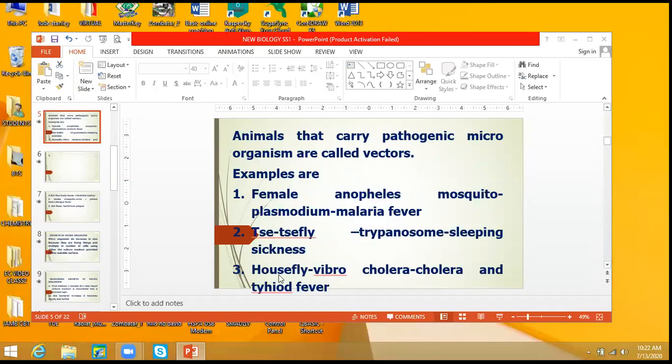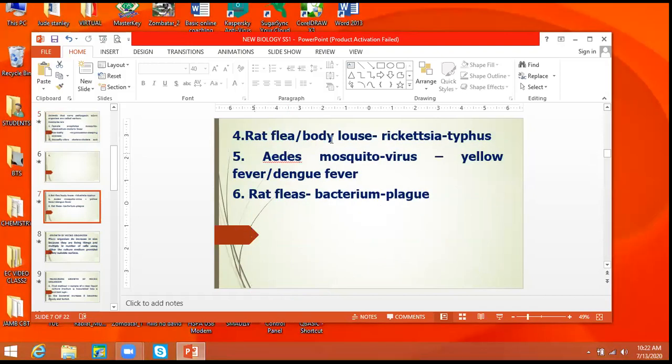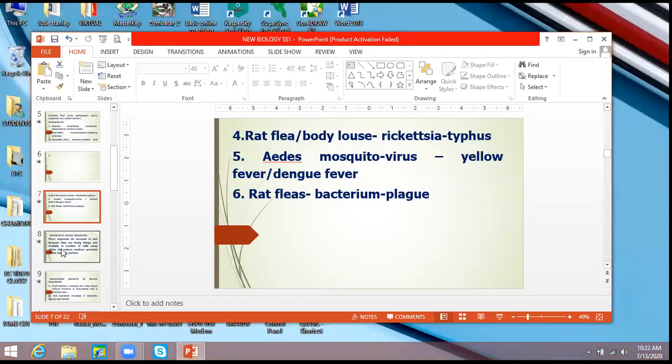Then housefly, Vibrio cholerae, which causes cholera and typhoid. Then rats and body louse, Rickettsia, typhus. Aedes mosquito will pick virus and cause yellow fever. The same as rat fleas will pick bacteria and cause plague.